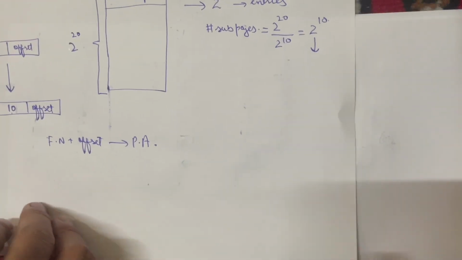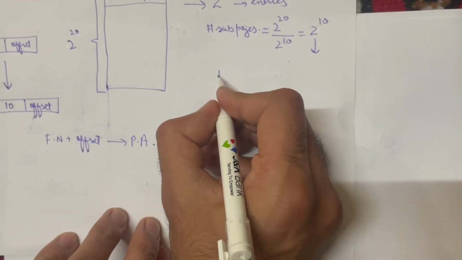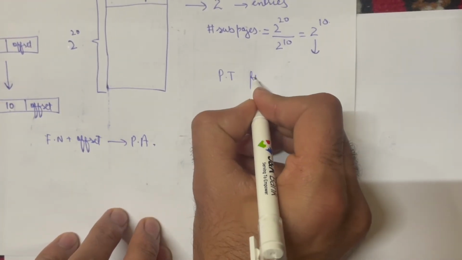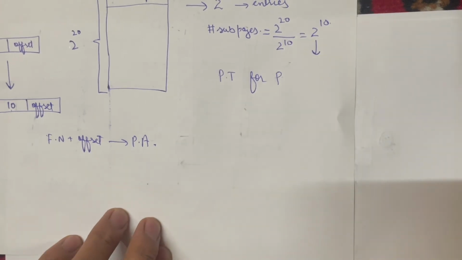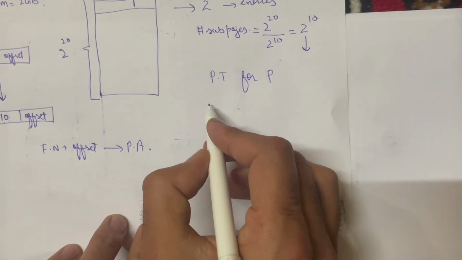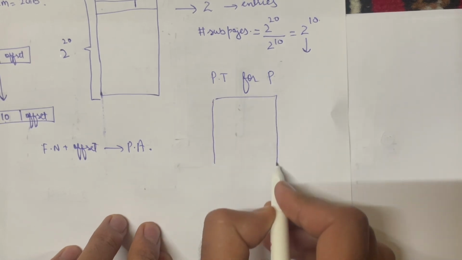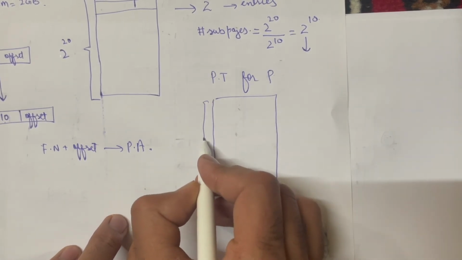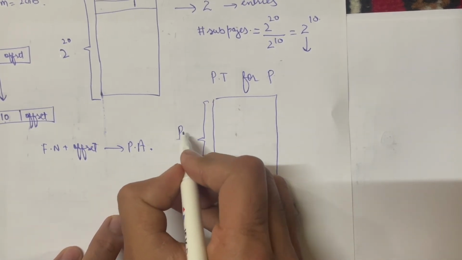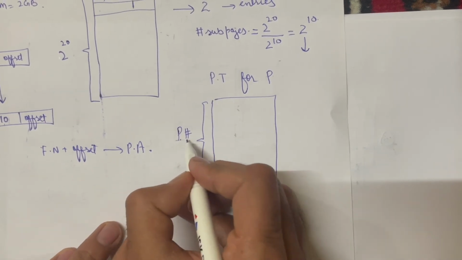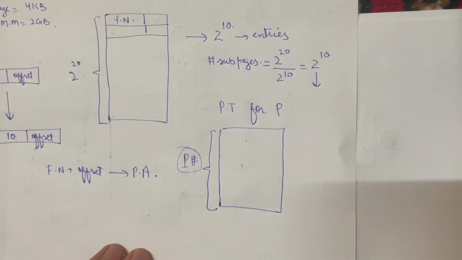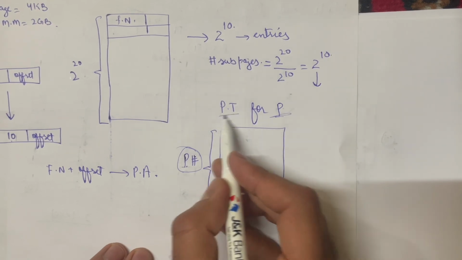So in one level page table or multi-level page table, we were saying that there is a page table for every process. Okay. Why for every process? Because every page table is indexed by the page number, and every process has its own page numbers, so it will have its own page table.